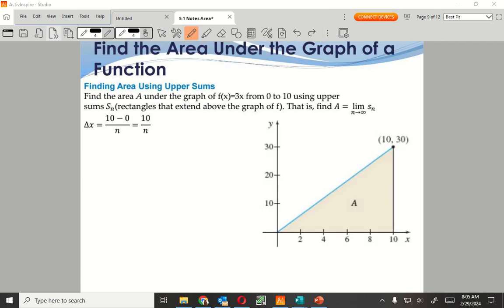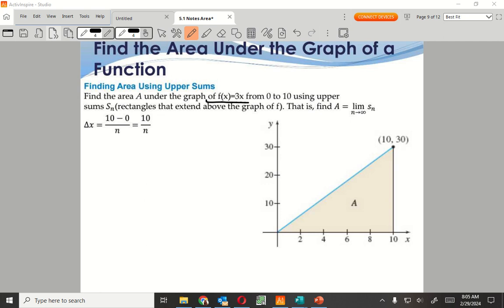For this one, find the area under the graph of this function right here, from 0 to 10, using upper sums. So let's go ahead and use upper sums. I'm going to break it up into different units.